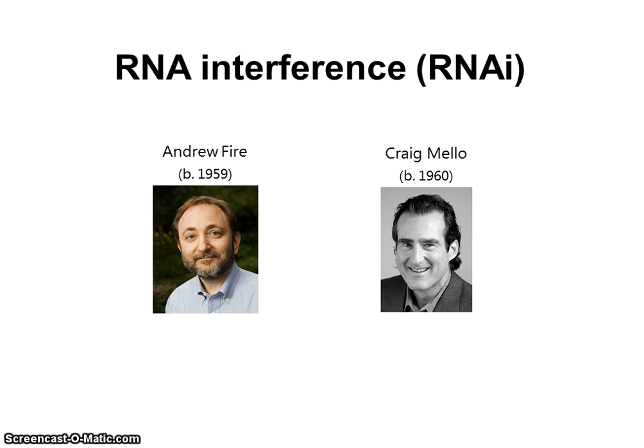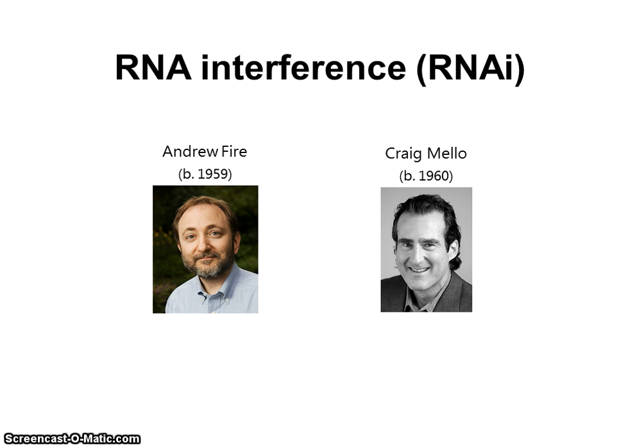These processes are accomplished through small RNA molecules in a process called RNA interference, and that's what we're going to talk about. It was previously known that single-stranded antisense RNA can do this, but Andrew Fire and Craig Mello discovered that when you use double-stranded RNA, it actually works even better.